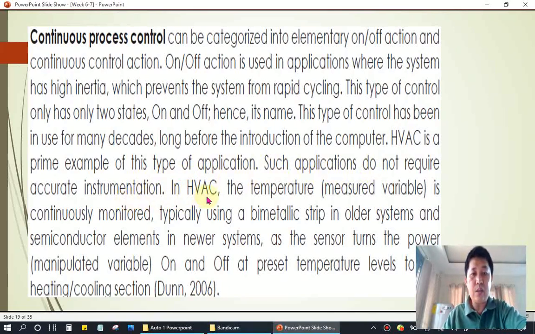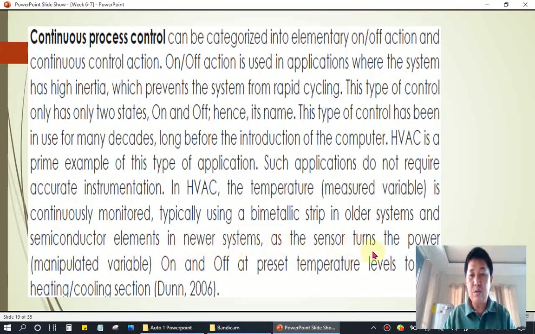So in HVAC, the temperature measured variable is continuously monitored, typically using a bimetallic strip, your what we call your thermostat, in older systems and semiconductor elements in newer systems.